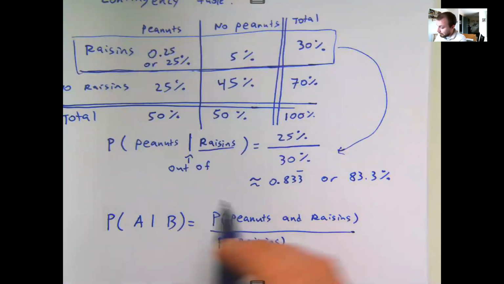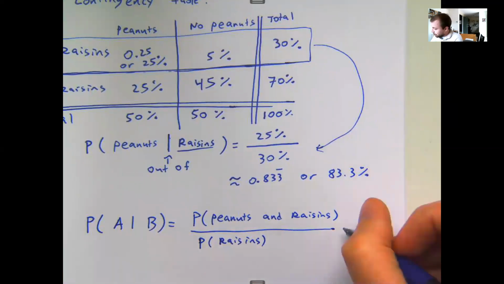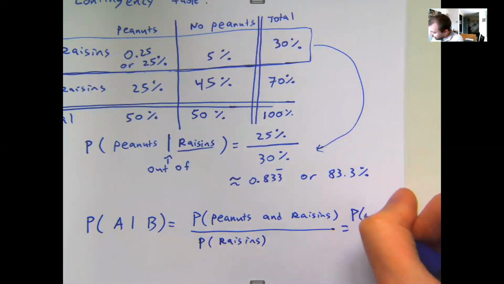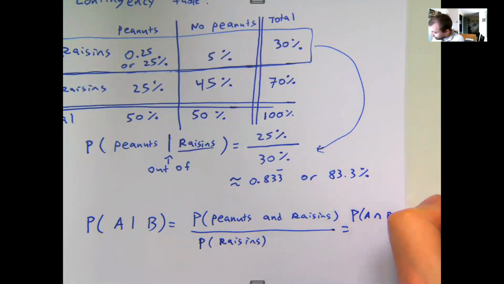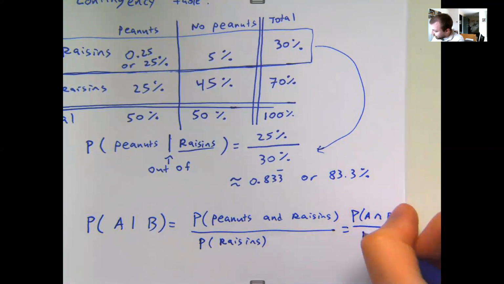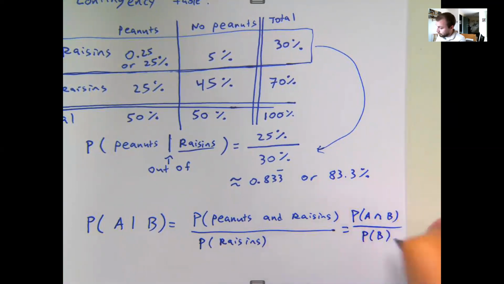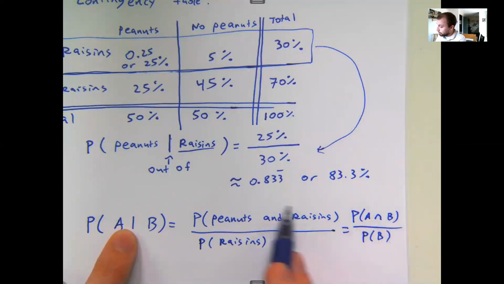So in general, when I'm looking at the probability of A given B, I'm taking the probability of A and B, and dividing it by the probability of B. Whatever it is out of goes on the denominator, and on the top, you have both of those events together.